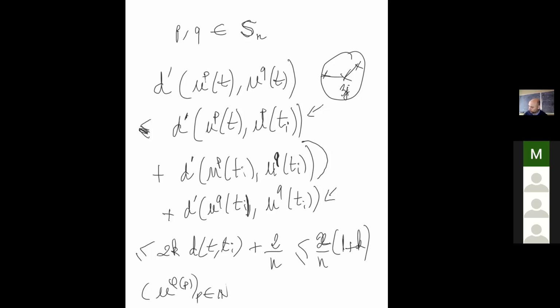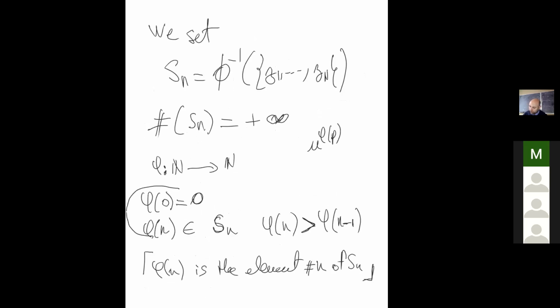I recall the construction of my phi: phi of P belongs to SP. So if Q is greater than P, by construction phi of Q is greater than phi of P, and phi of Q also belongs to SP. So I will get this inequality.